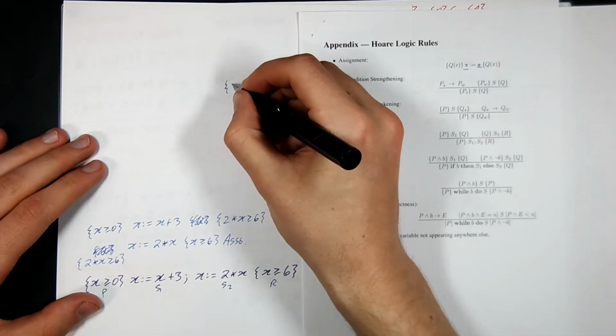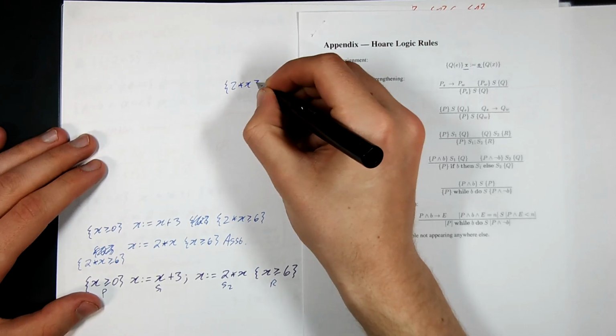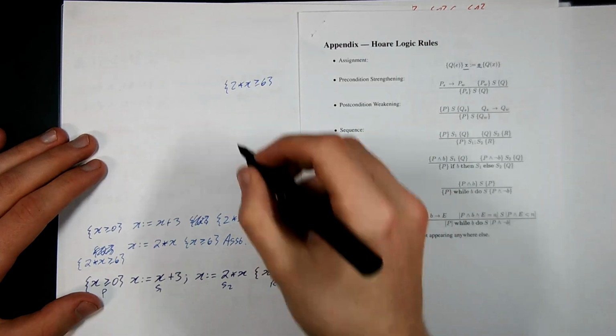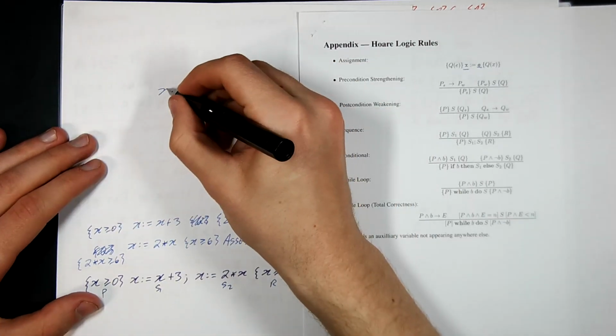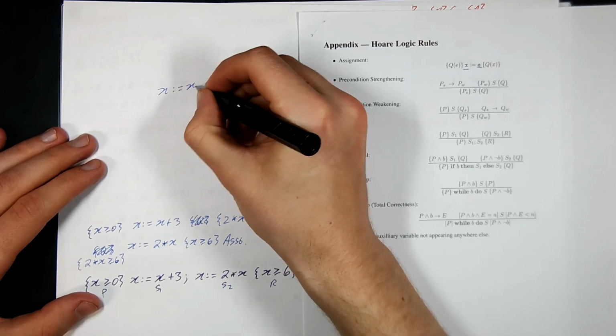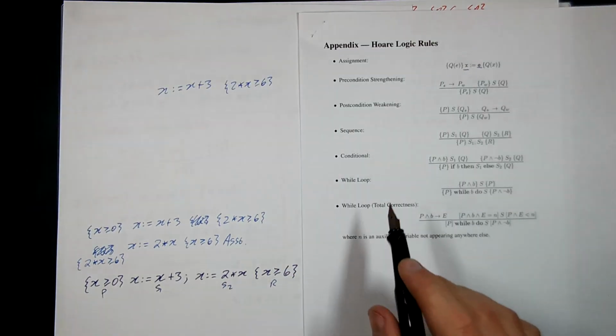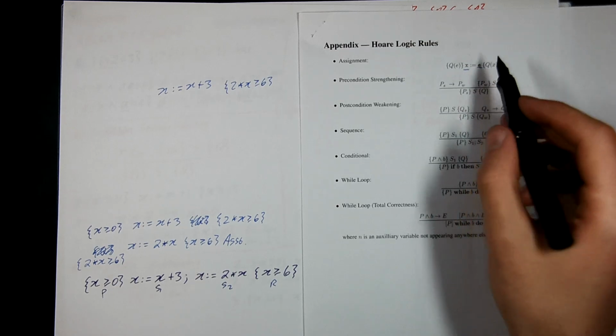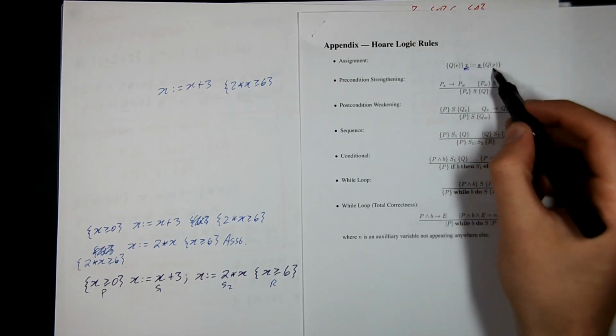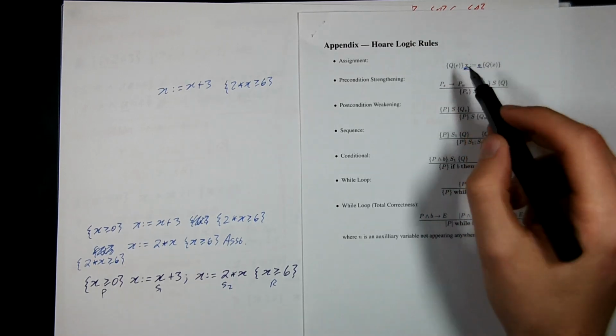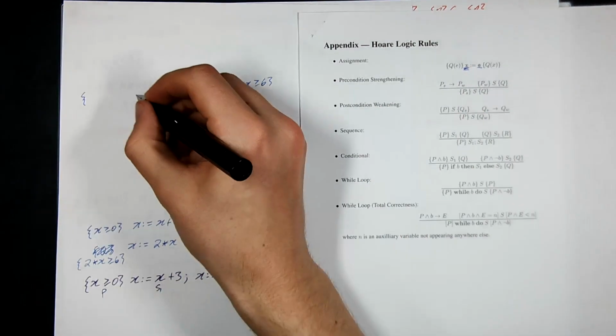So what do we have? We have 2 times x greater than or equal to 6. Copy my postcondition. Copy my code. x is assigned to be x plus 3. And then I can do the assignment rule backwards. So the x's will be replaced with e's to get the precondition on the left-hand side.